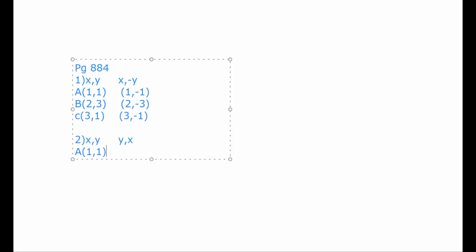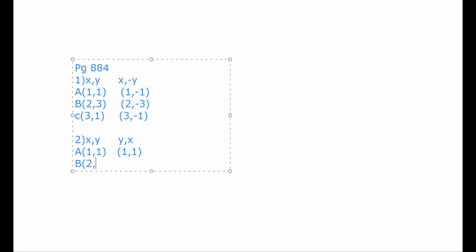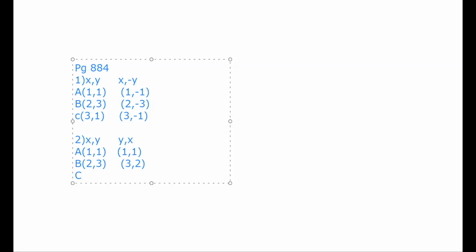If I flip 1 and 1, they remain 1 and 1. What about B? B was 2 and 3, so just flip: 3 and 2. What about C? C was 3 and 1. Let's flip: 1 and 3.